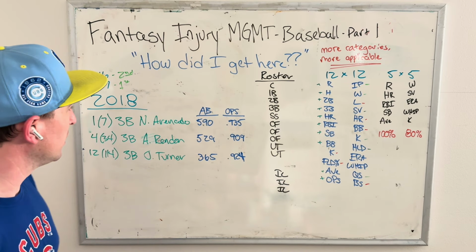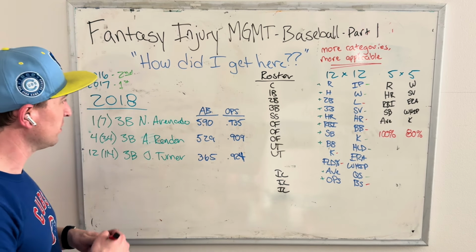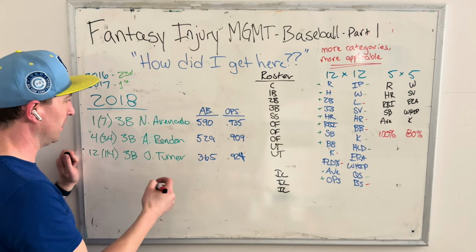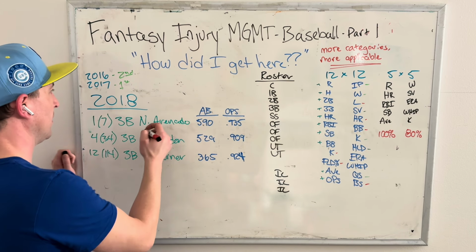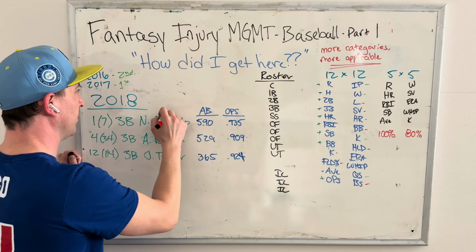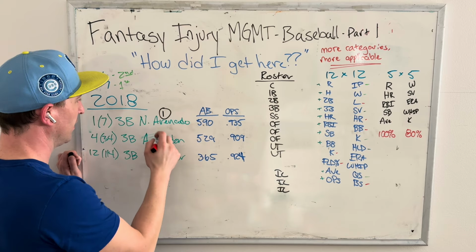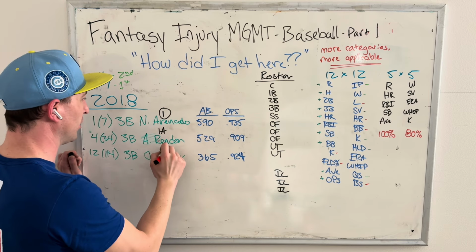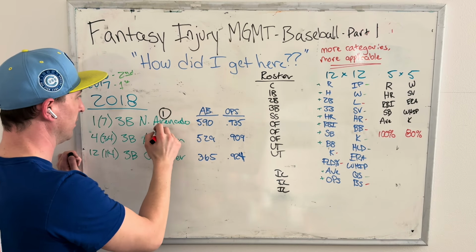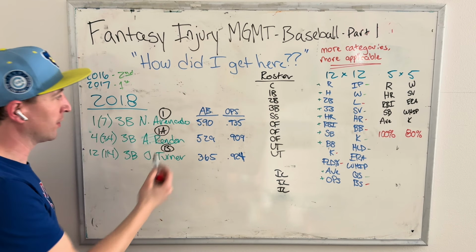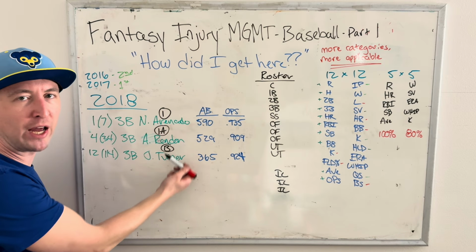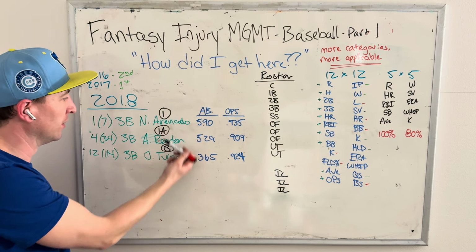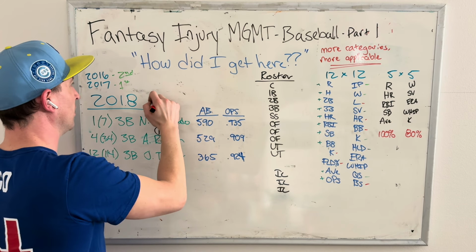I don't know if you noticed, but Nolan Arenado is 1, Rendon is 1A, and Justin Turner is 1B, basically. They're all similar versions of the same batter, the same archetype, is the phrase I like to use.